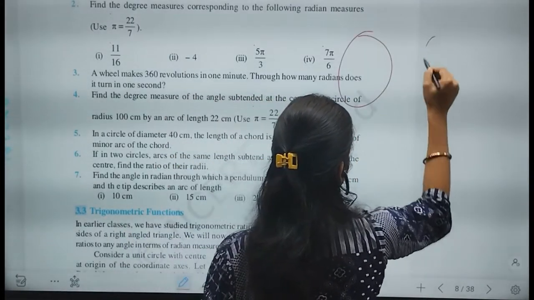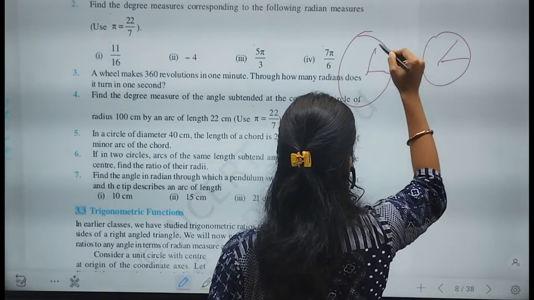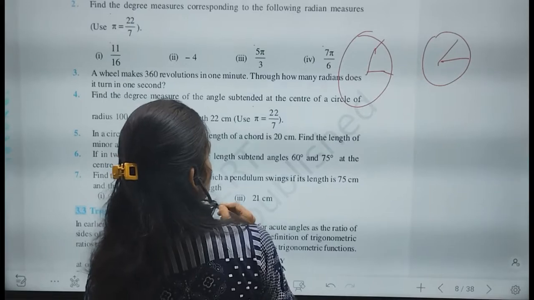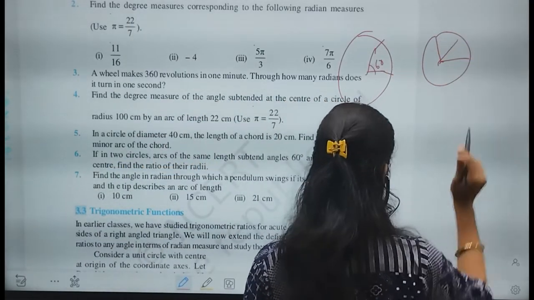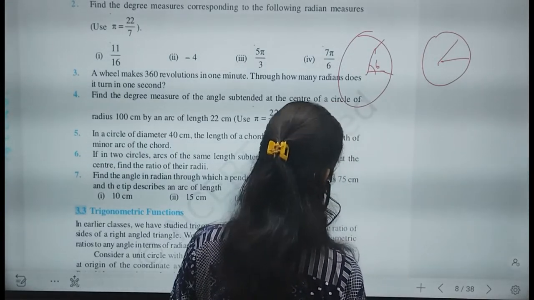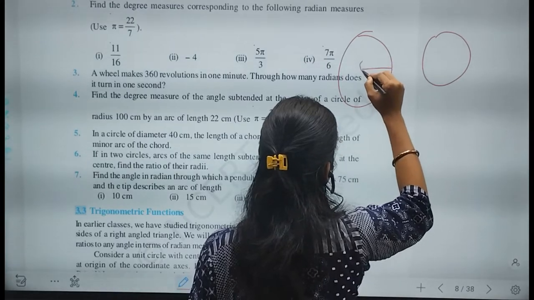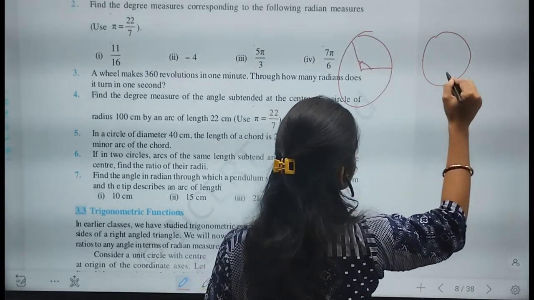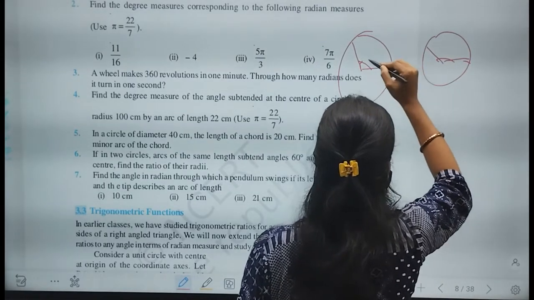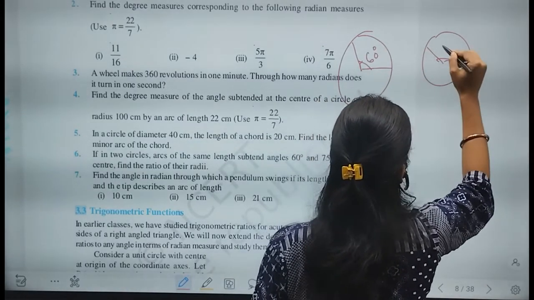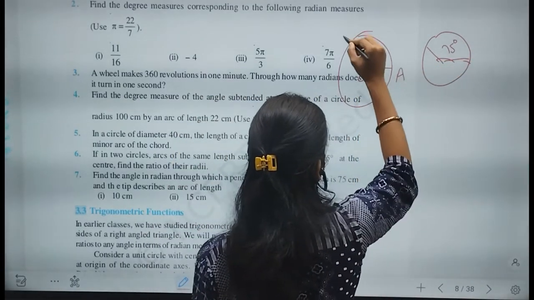This is one circle and two circle. A circle is making an angle of 60 degrees. Let us suppose this is 60 and this is 75.